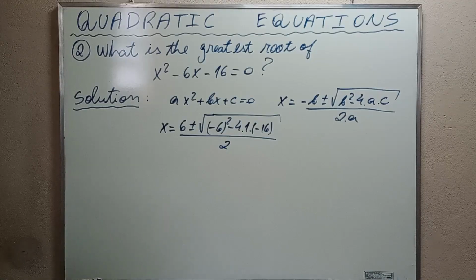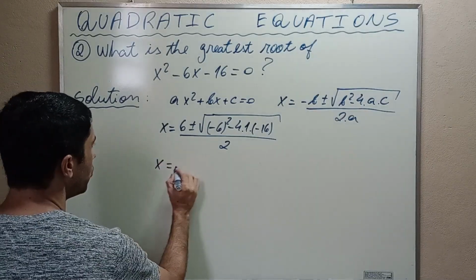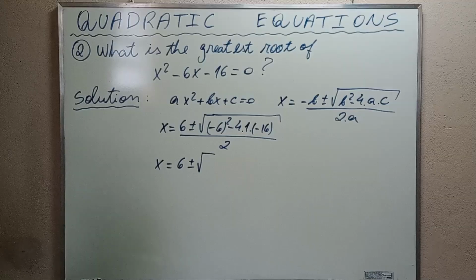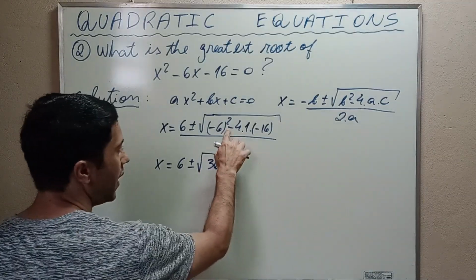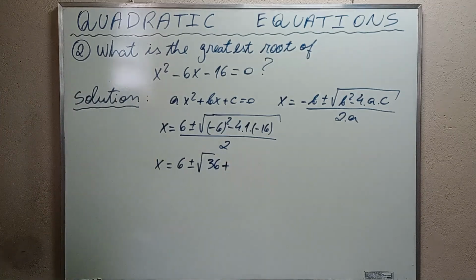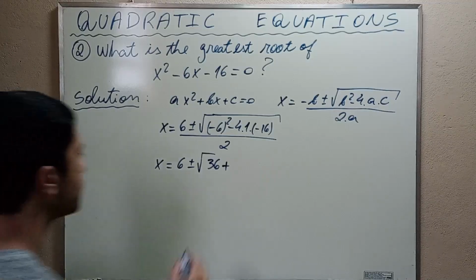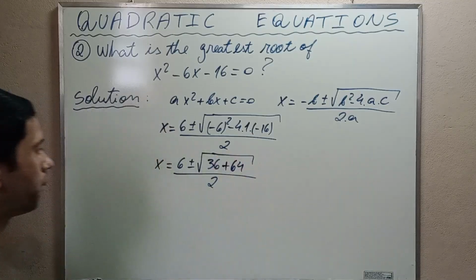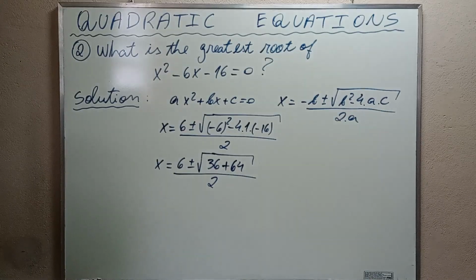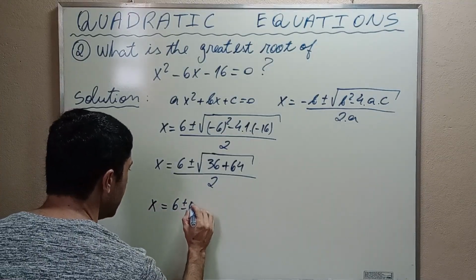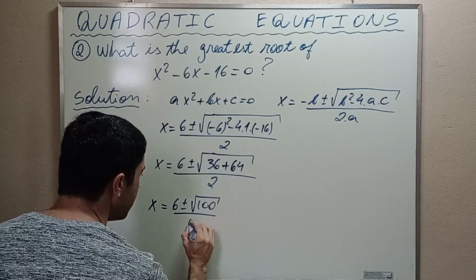Now, it's simple mathematics. We need to just calculate. x is equal to 6 plus minus the square root of negative 6 squared, which is 36, negative times negative is positive, 4 times 16 is equal to 64, all divided by 2. 36 plus 64 is 100. x is equal to 6 plus minus the square root of 100 divided by 2.